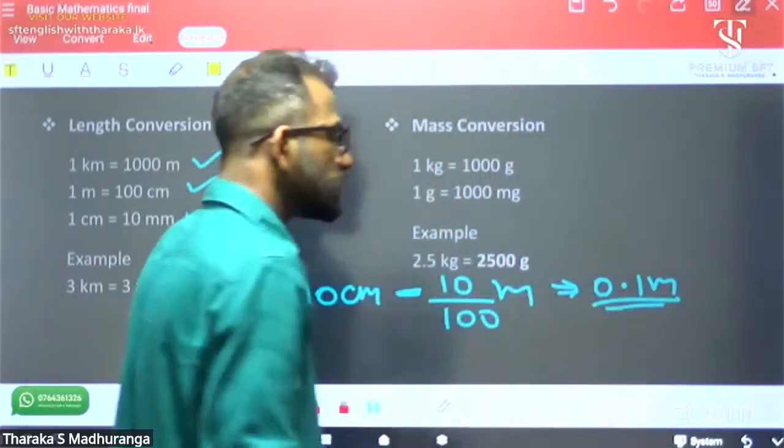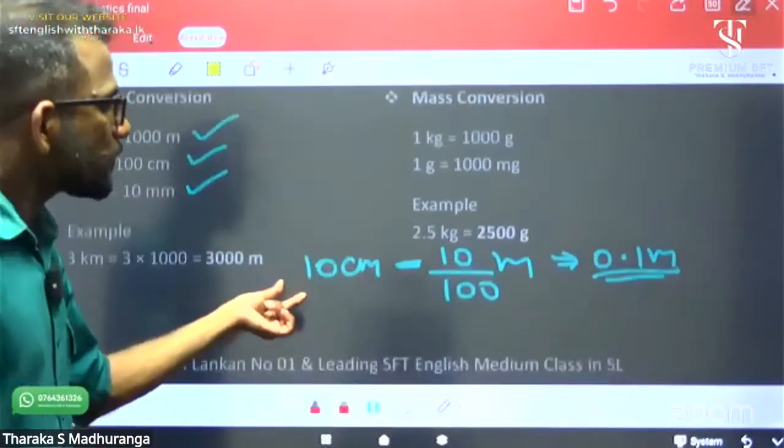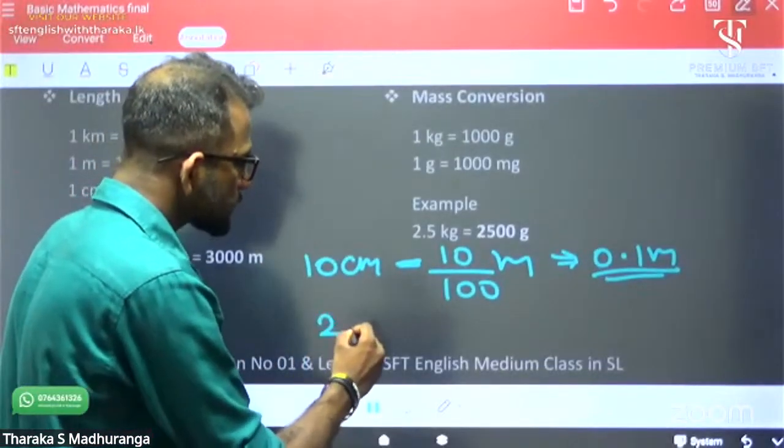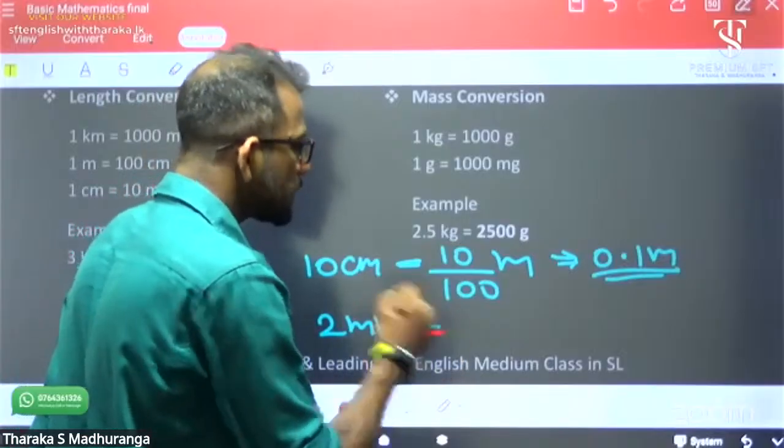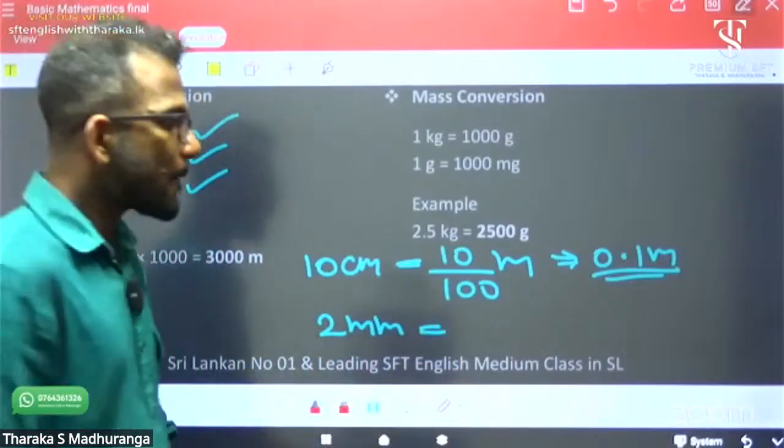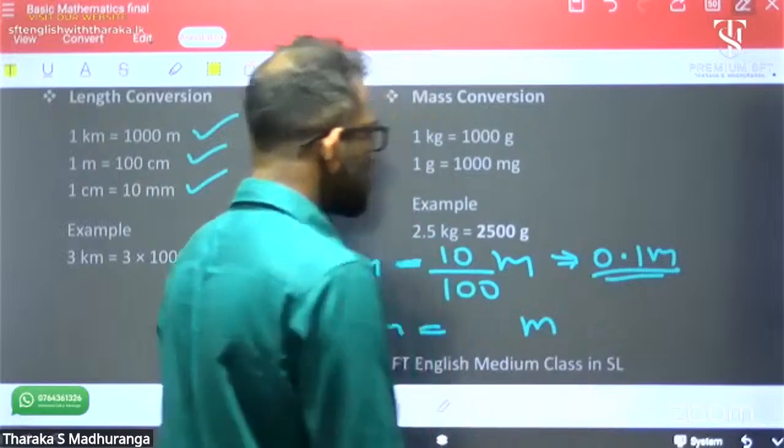If I have 2 millimeters, can you convert into meters?